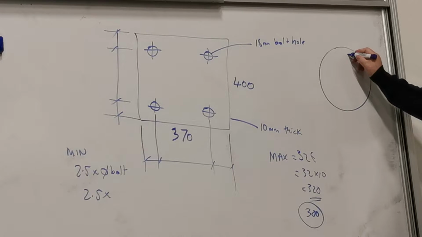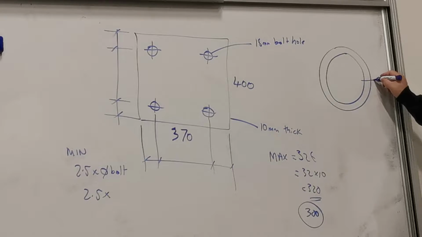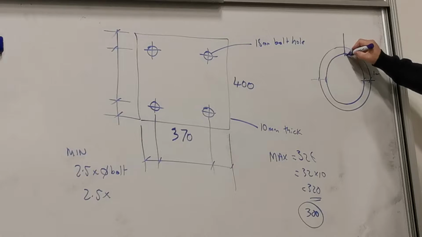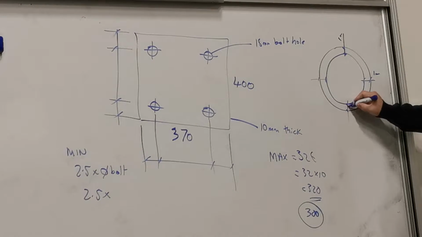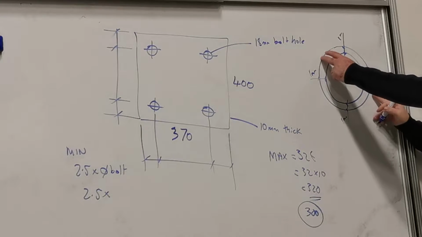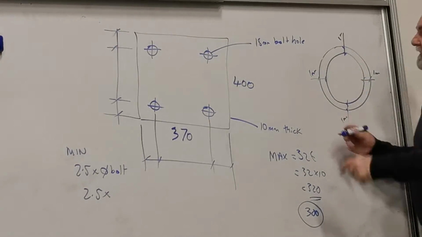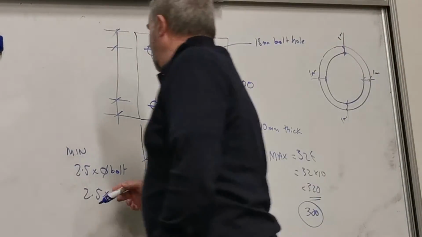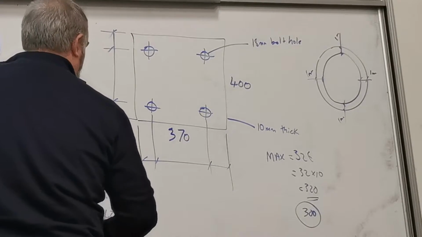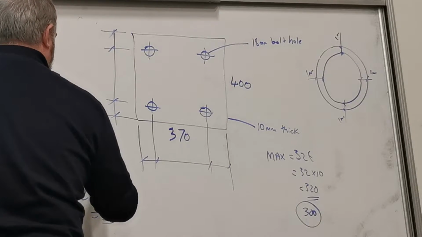With a bolt for steel, because steel's not very forgiving, we always allow 1mm all the way around. So we've got an 18mm bolt hole, 1mm either side, a 16mm bolt. So it's 2.5 times 16, which equals 40. That is our minimum of 40.